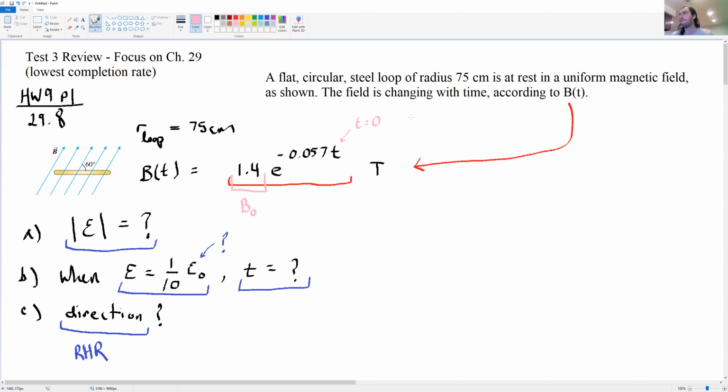Okay, so I think we've identified everything that we need to do for this problem. We're going to need to figure out what the initial EMF is. We're going to need to use the right-hand rule. What are we going to need to do for part A now? So you guys tell me. Now we'll go ahead and get started on solving the problem.